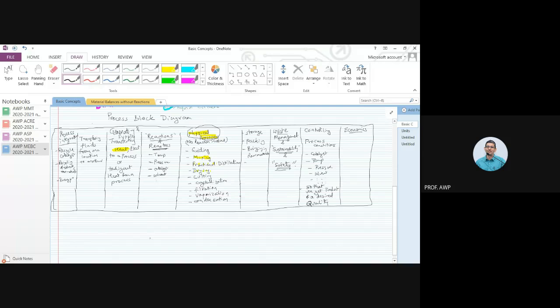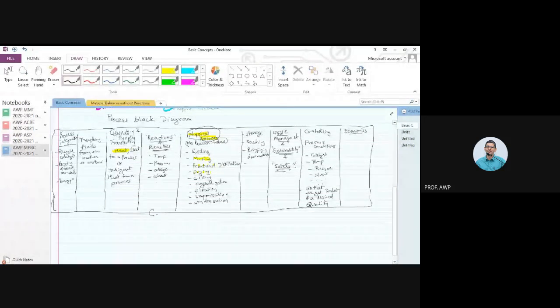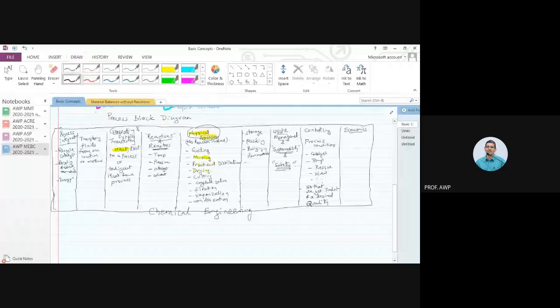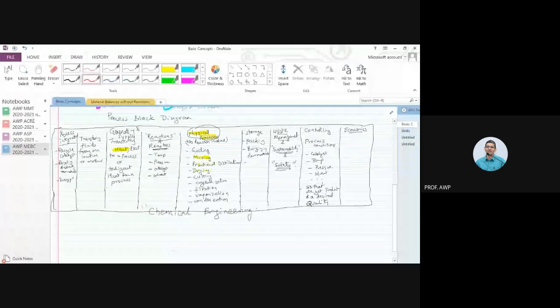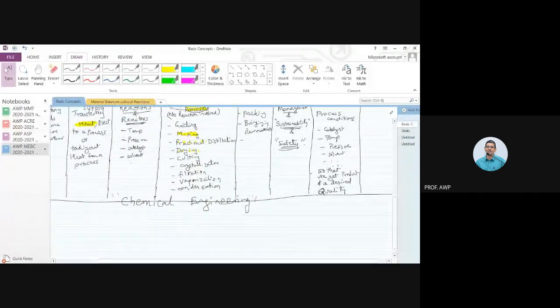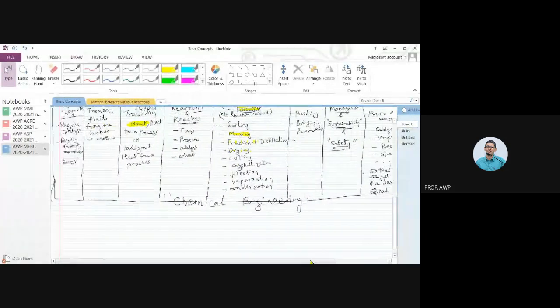Here is a secret. This is all that chemical engineering is. This is all that you're going to do in all the 4 years and rest of your life.